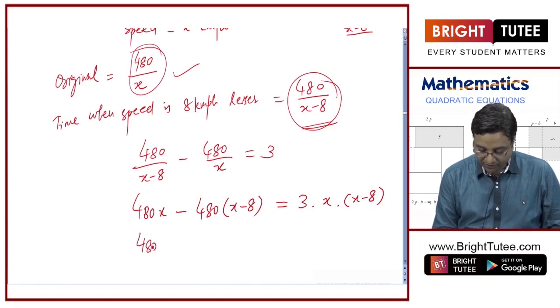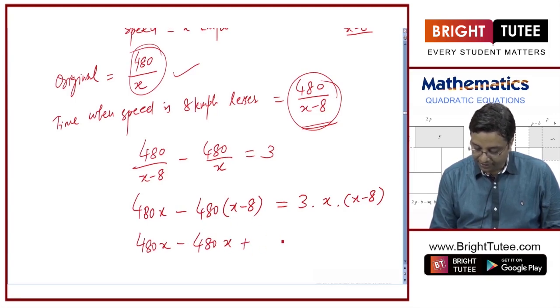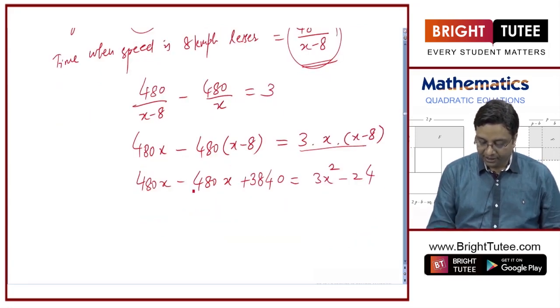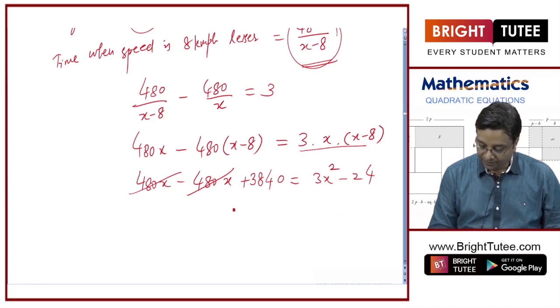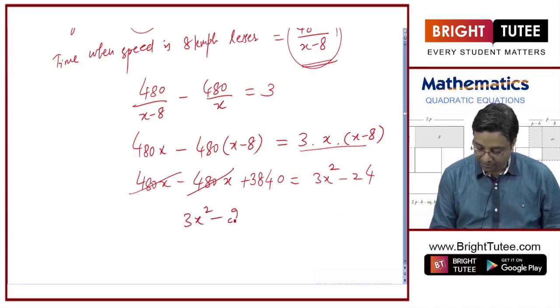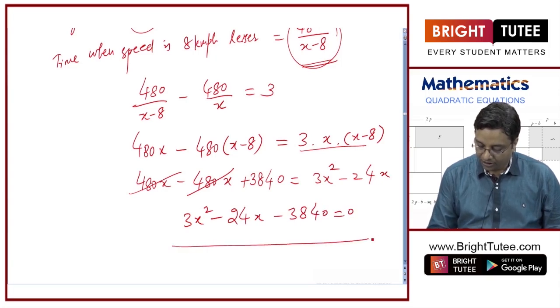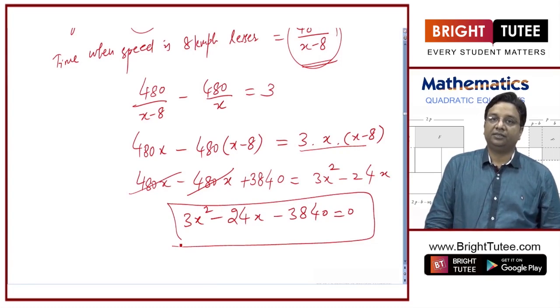So when I solve it, 480x minus 480x plus 480 into 8, what is it? 3840, which will be equal to 3x square minus 24x, right? This 480x gets cancelled. So 3x square minus 24x minus 3840 will be equal to 0.